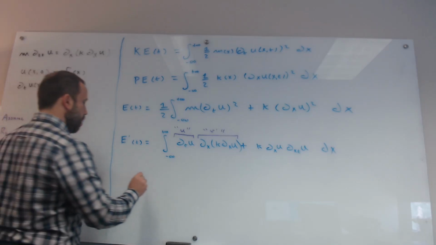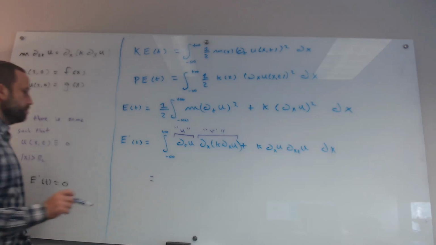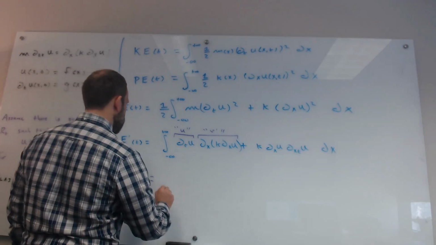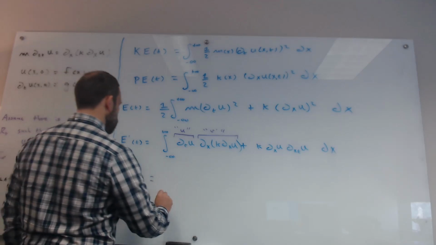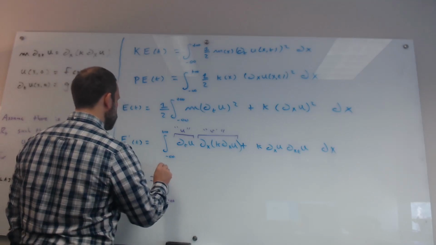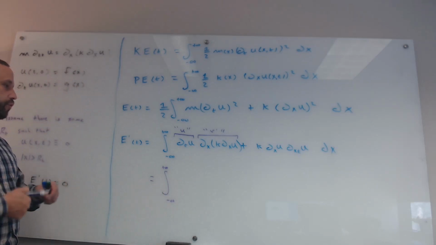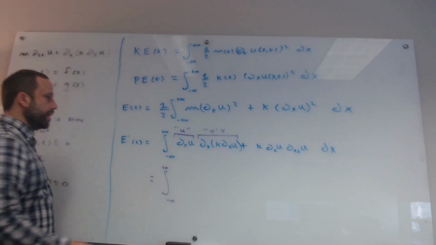Okay, so now based on this assumption here, that u is identically equal to 0 for some x bigger than R t, what this tells us is that the boundary terms in the integration by parts are going to be equal to 0. So we're just left with the non-boundary terms. So it's going to be writing this integral still. There's going to be the integral from minus infinity to positive infinity, but it's the integral of minus v times u prime. Okay, so it's going to be minus, what are we going to get?